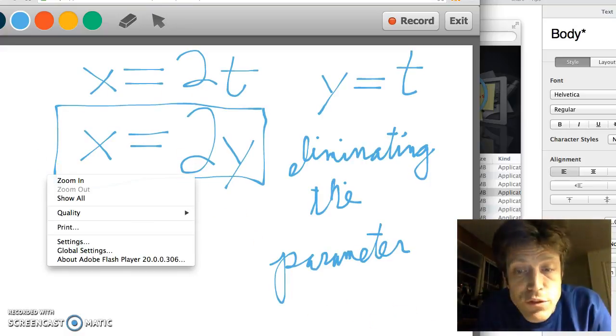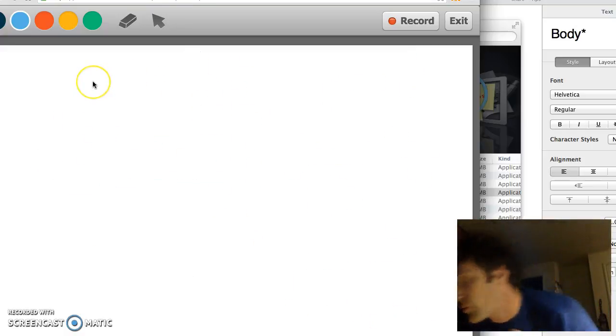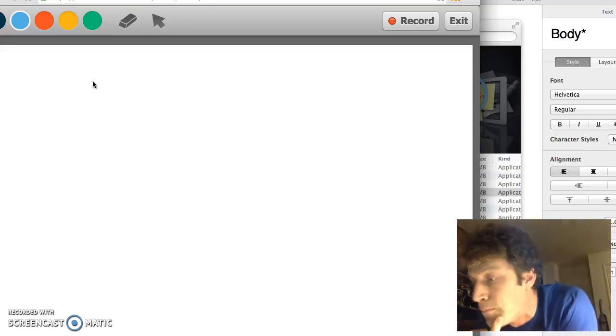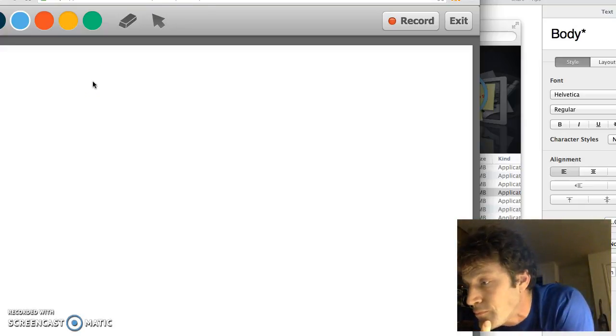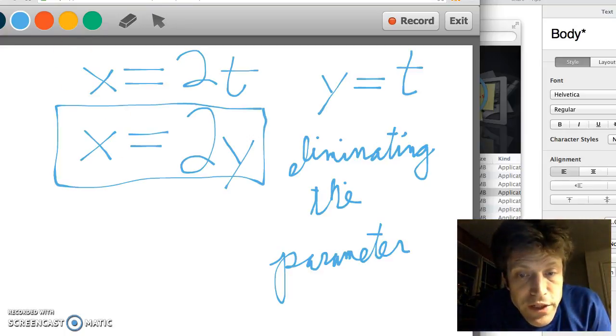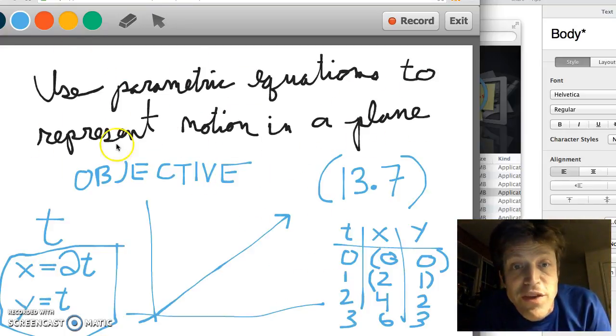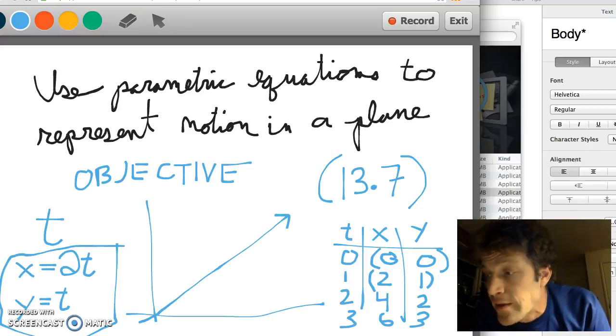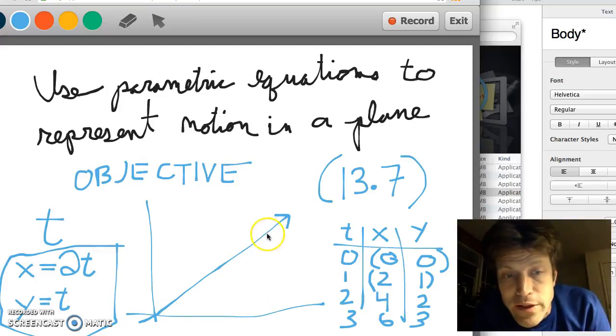We're going to have two important parametric equations that we're going to use to find the position of an object, because like we said, our objective was to use this to represent motion in a plane.